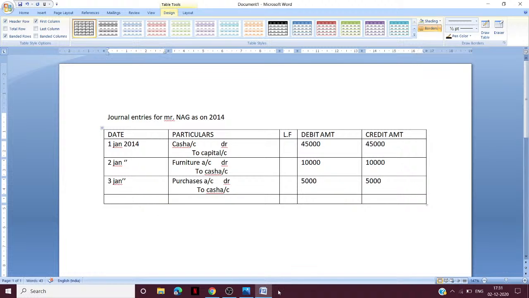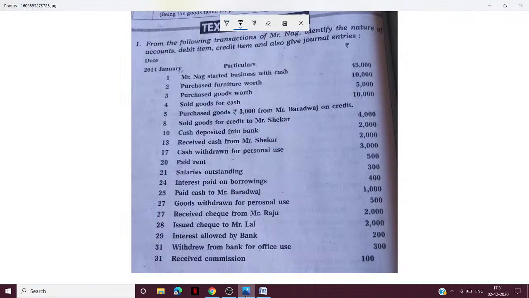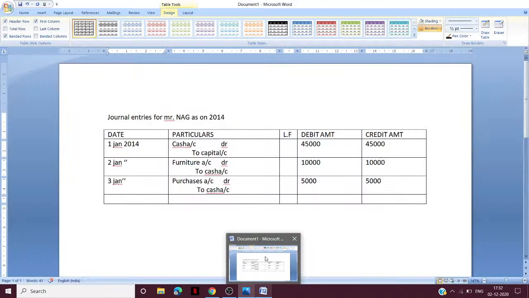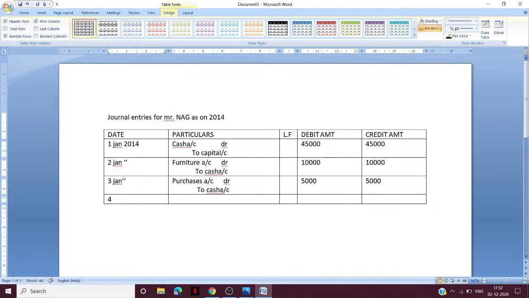Next transaction we have sold goods for cash. What sold means? Sales. Understand? Always remember one rule: sales always comes under credit side. Purchases debit, sales credit. What is coming in? Cash is coming in. So the transaction will be 4th Jan.